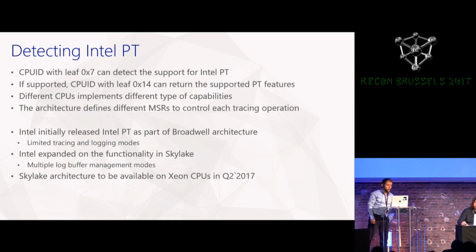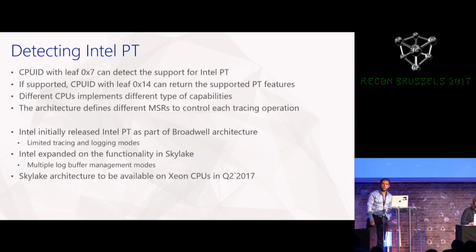Because we don't have a lot of time, I would like to be quite fast in describing how Intel PT is exposed in a CPU, and I would like to concentrate on the new features of our driver. Basically, to discover Intel Processor Trace in a CPU, you can even do it in user mode, only emitting two CPUID instructions with two different leaves.